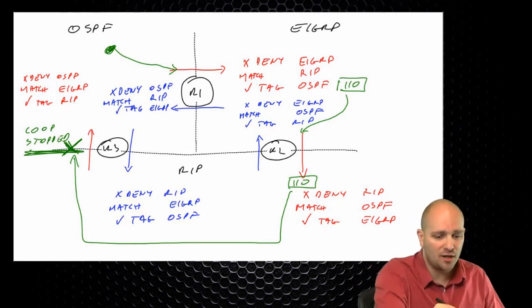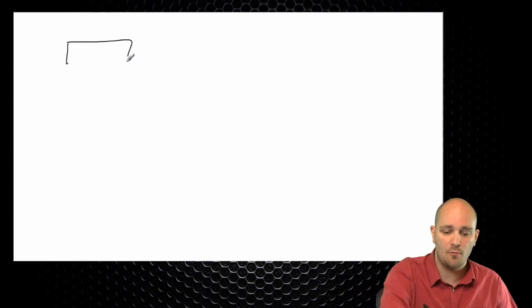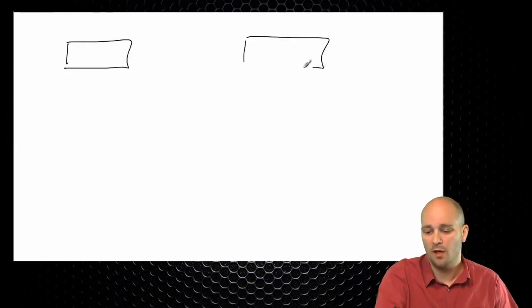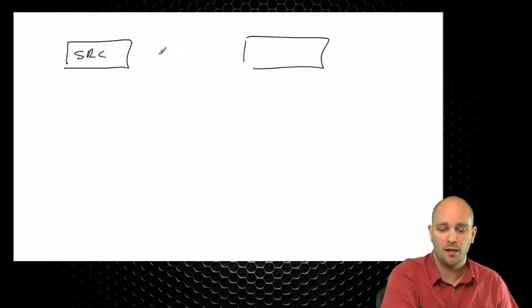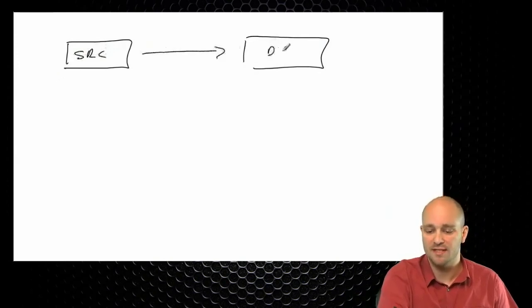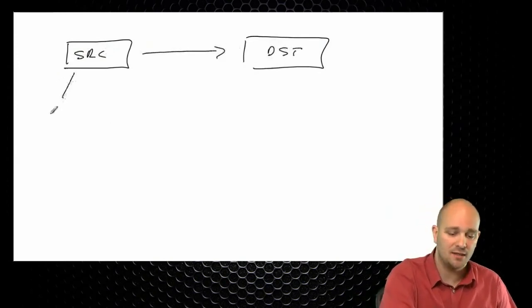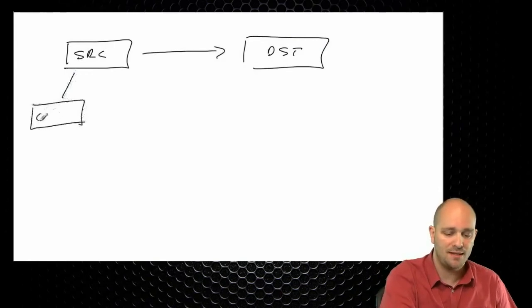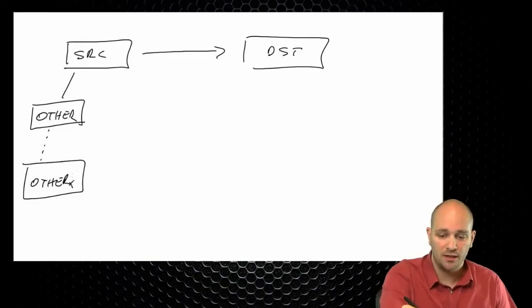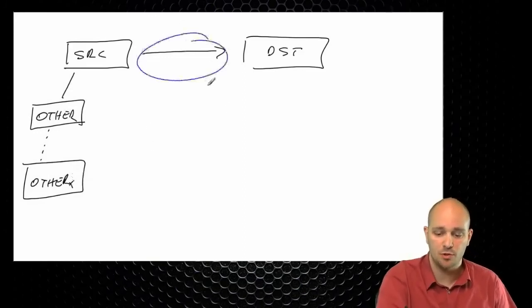Now, the generic logic for this here is very, very simple. Every time when we are redistributing, we have a source protocol that is being redistributed into the destination protocol. Now, behind the source protocol, we might have some other protocol, and we may have multiple others. So the logic that we have to implement at this redistribution point here is very simple.